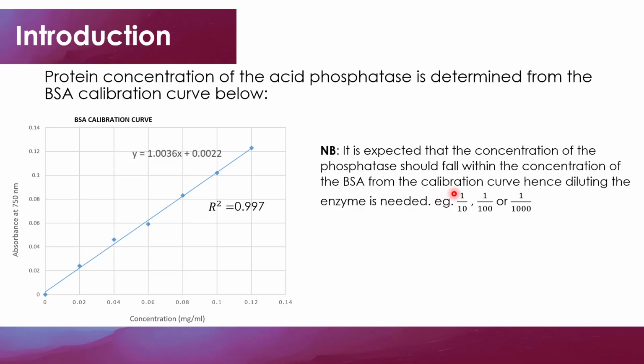Therefore, it is important that we dilute our crude enzyme in 1 in 10 dilution, or 1 in 100 dilution, or 1 in 1000 dilution, and this allows us to get absorbance values that will fall within that of the calibration curve, which will later help us to extrapolate and determine the protein concentration of the acid phosphatase.